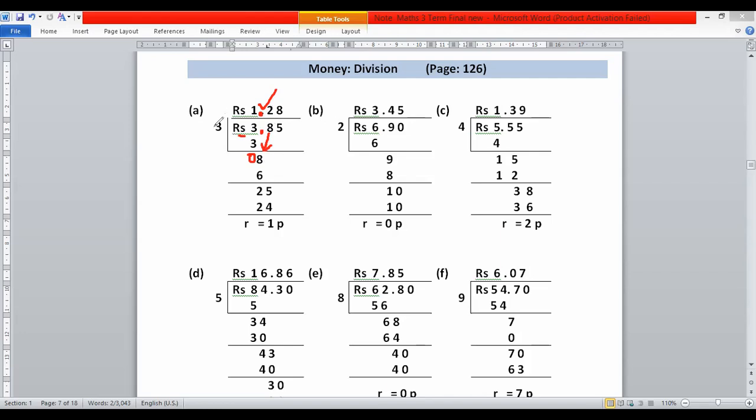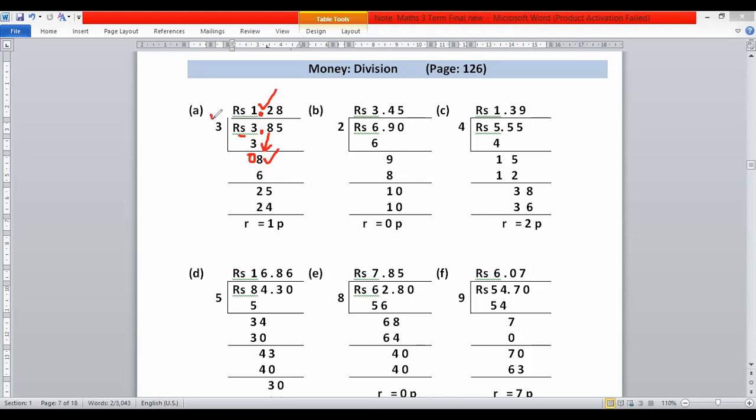Now count the table of 3. 1 times 3, 3; 2 times 3, 6; 3 times 3, 9. So when we multiply 3 by 3, we exceed 8, meaning we get 9. So we need the number that is exactly 8 or very near to 8. So 6 is the number that is very close to 8.